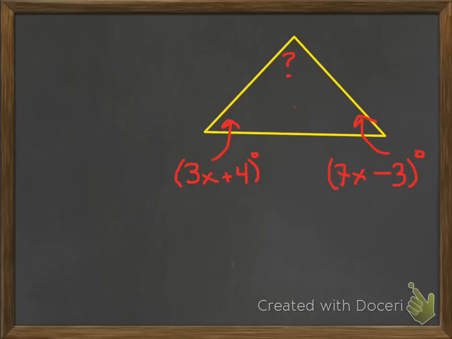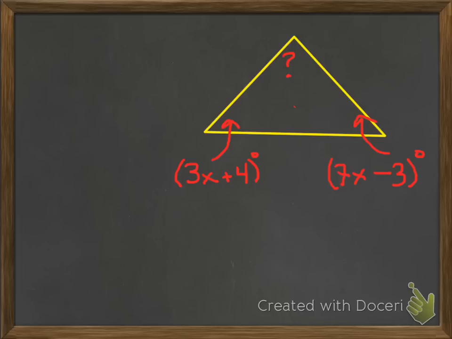So think about the last example that we did. The only thing that we've changed is that we've taken our angle measures and we've made them polynomials. You're still going to follow the same process. You're still going to add together the two angles that you know and subtract it from 180. So this is how it's going to look.